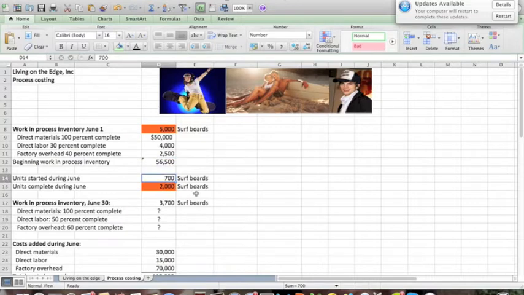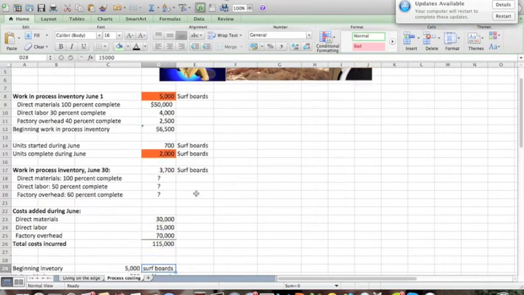So units started during June, that's 700 units that were starting during June, and units completed during June is 2,000. So I started 700 new surfboards, and I finished 2,000 surfboards ready to ship this month.